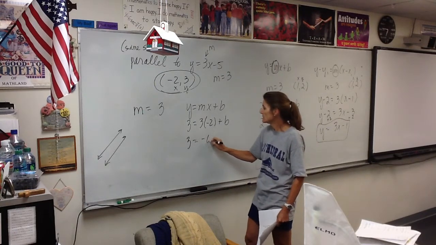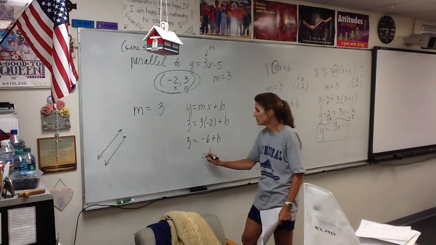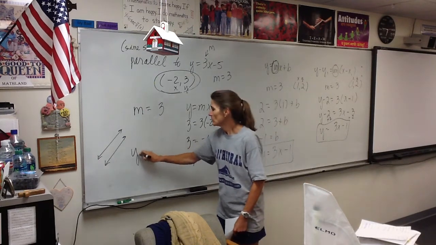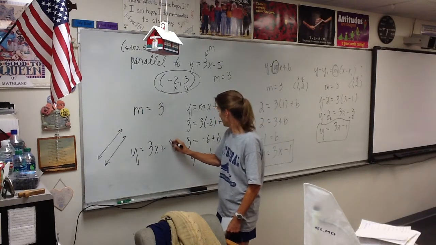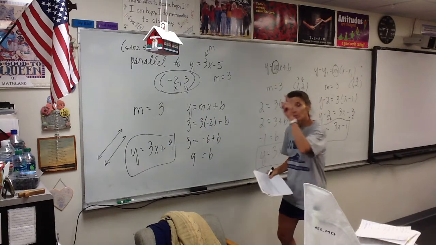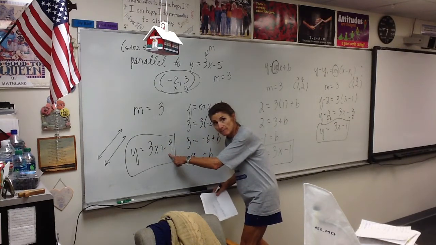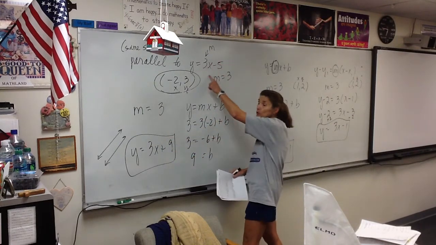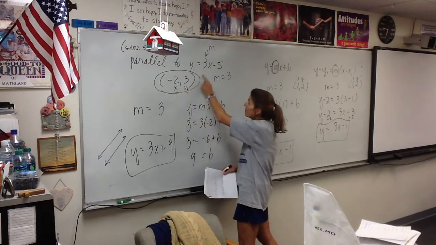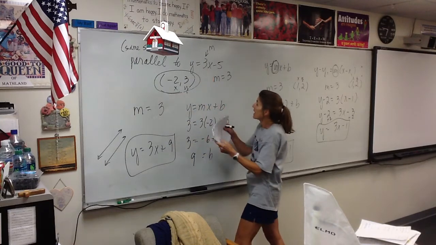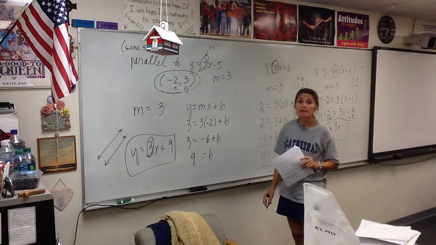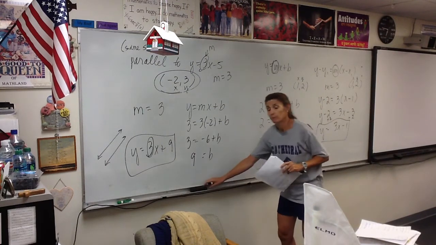So 3 equals negative 6 plus b, and b equals 9. That is not the answer. Y equals 3x plus 9 is the answer to the question. So this is the line that's parallel to this line, but goes through this point. Obviously they're parallel. They have the same slope. Parallel lines have the same slope.